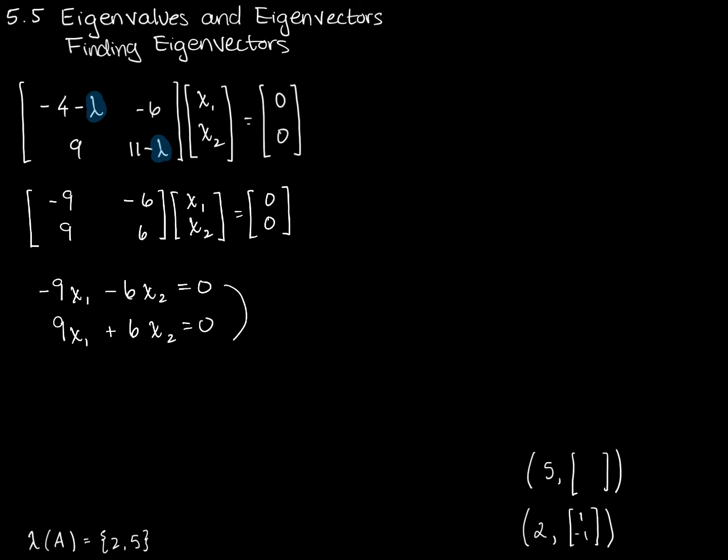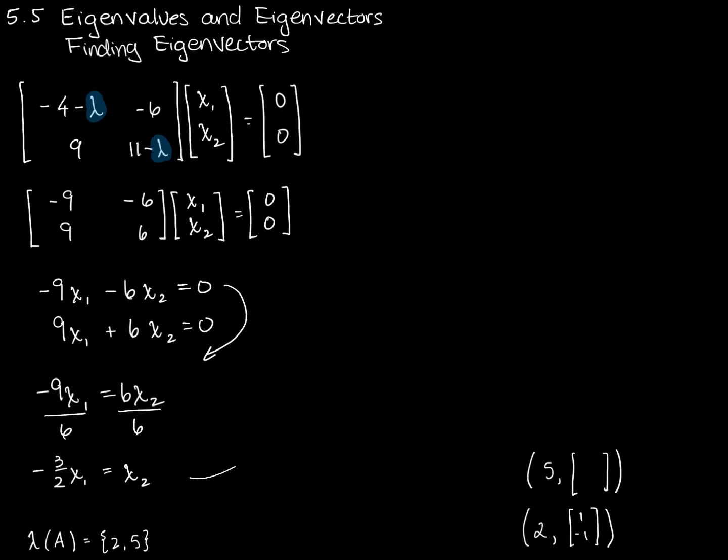Choose either of those and solve for one or the other of the variables. And let's see, I'll just add 6 x2 to both sides. So I get negative 9x1 equals 6x2. And then I want to write x2 in terms of x1, so I'm going to divide both sides by 6. And I get that x2 is equal to negative 3/2 x1.